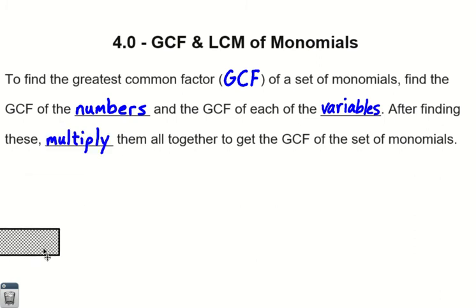After finding these, we multiply them all together to get the overall GCF of all of the monomials.